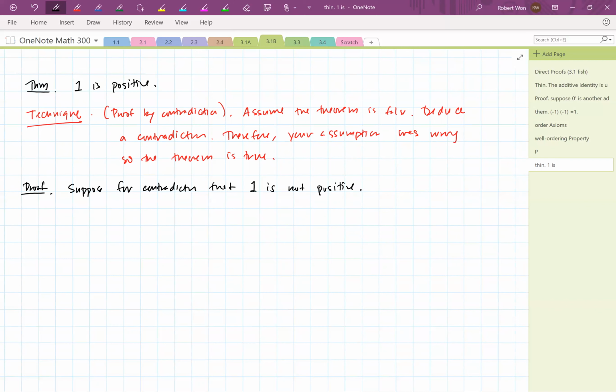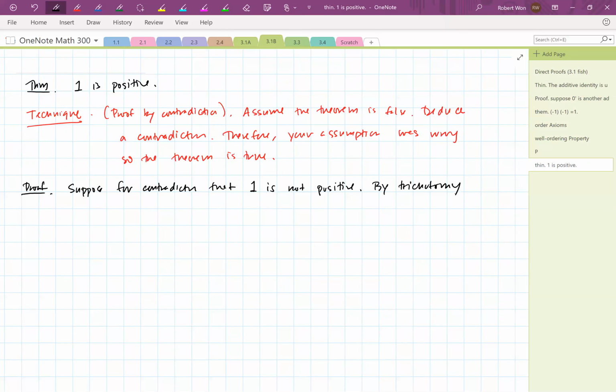Again, you want to give your reader enough information about what you're doing. So it's really nice to say suppose for contradiction, so your reader knows, okay, I'm about to read a contradiction proof. So I'm going to assume that 1 is not positive, and I need to reach some kind of contradiction that will prove that 1 is positive. Okay, now by the trichotomy axiom, either 1 is positive, or negative 1 is positive, or 1 is equal to 0.